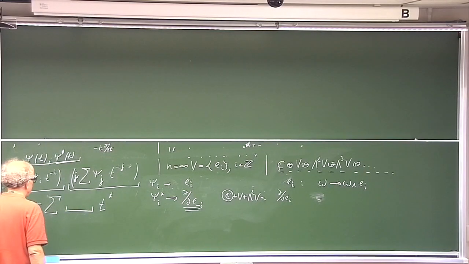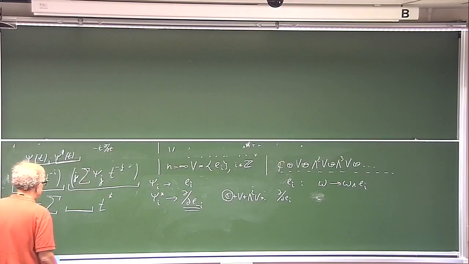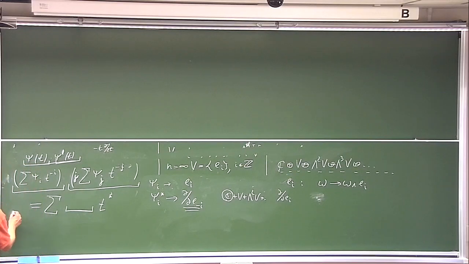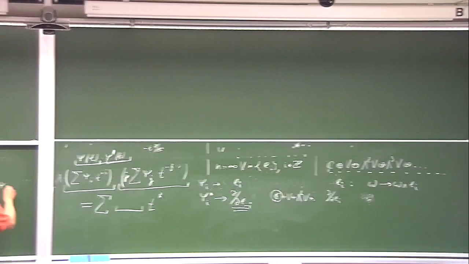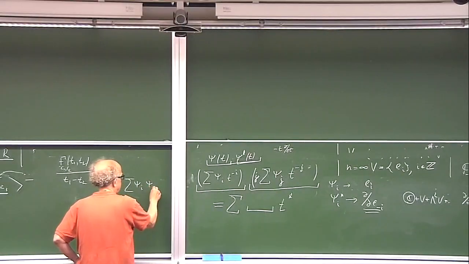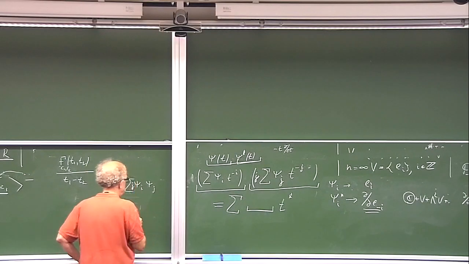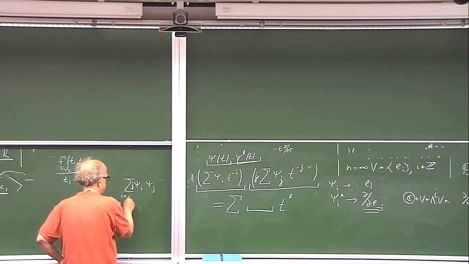This coefficient will be just a sum of psi I psi j times j, where I plus j equals s.